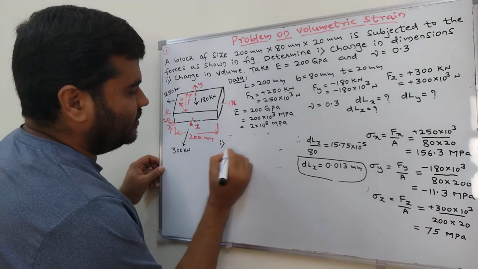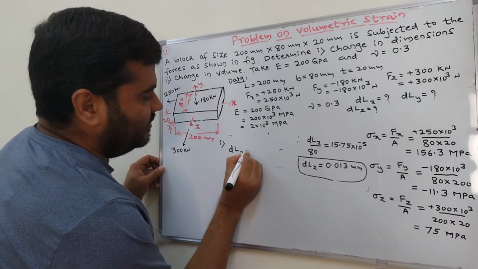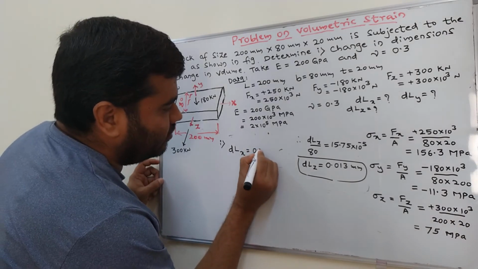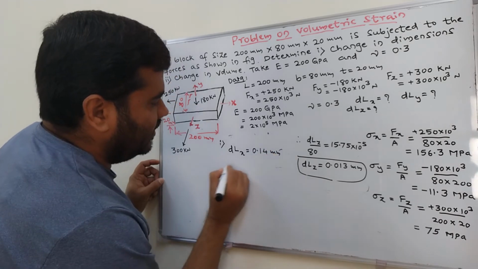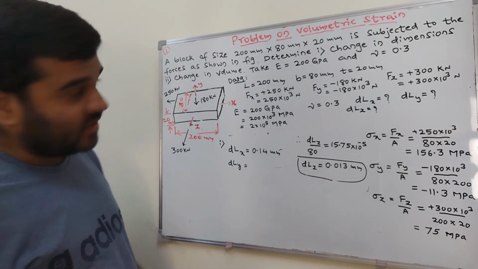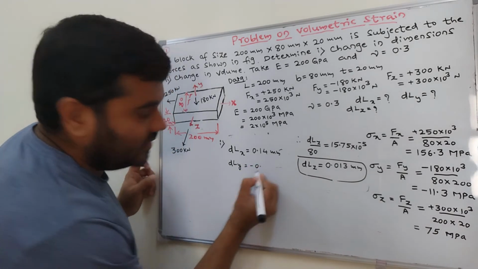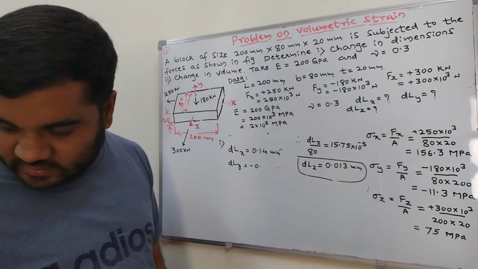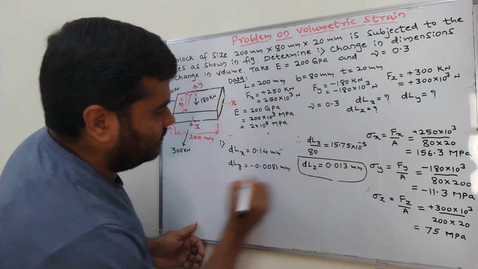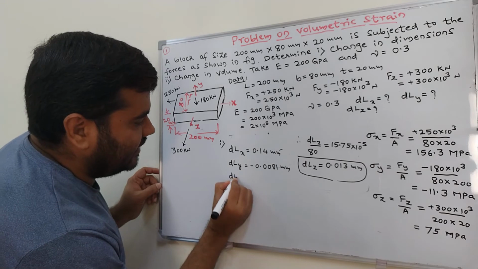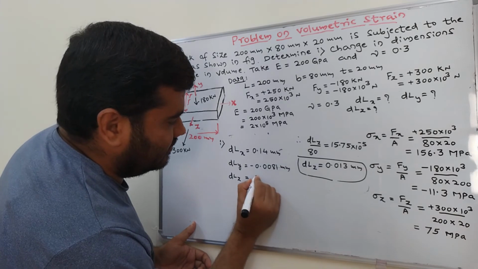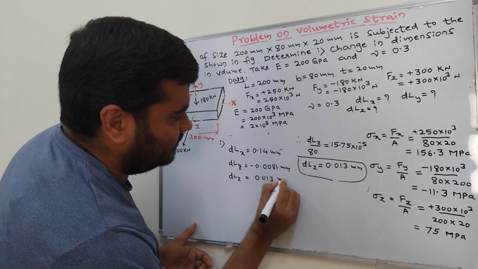For the first bit solution, change in length in x direction is what I calculated before, 0.14 millimeter. Change in length in y direction is minus, because it is compression, 0.0081 millimeter, and change in length in z direction is 0.013 millimeter.